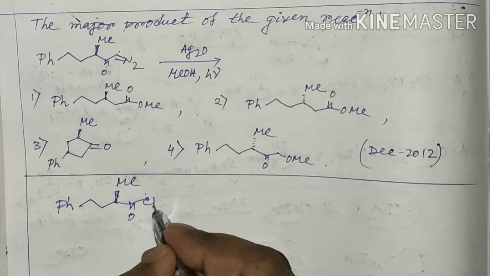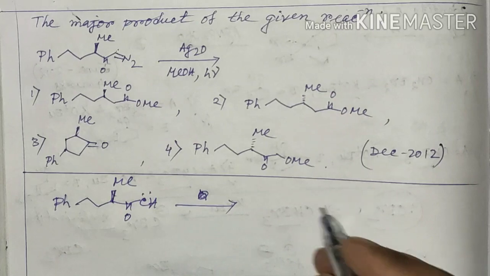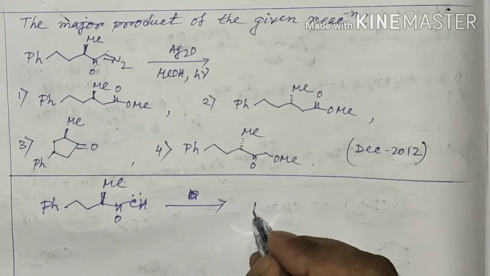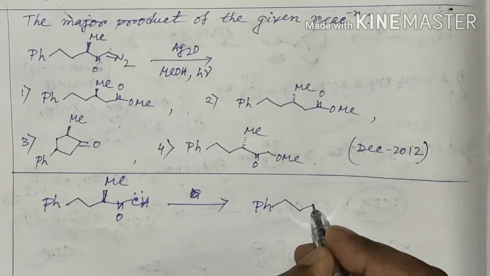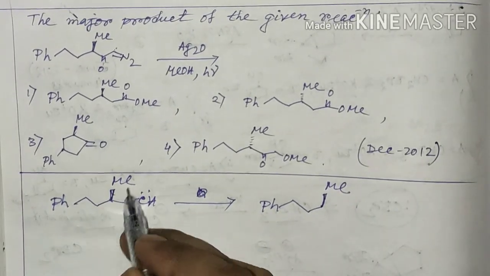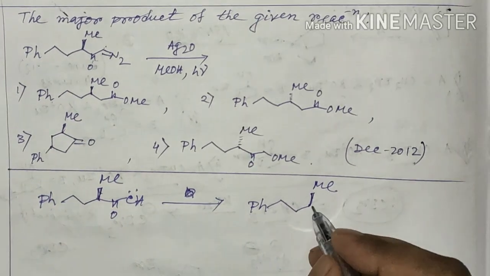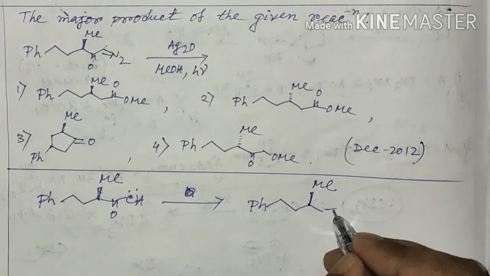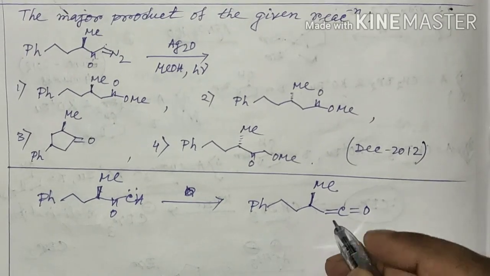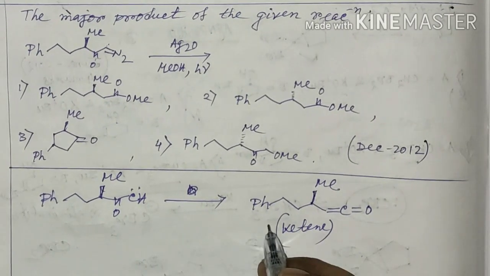That is CH carbene, and this carbene will undergo Wolff rearrangement to form the corresponding ketene, and the stereochemistry of the migrating alkyl group will remain the same in the ketene product. So this is the ketene, formed after Wolff rearrangement.